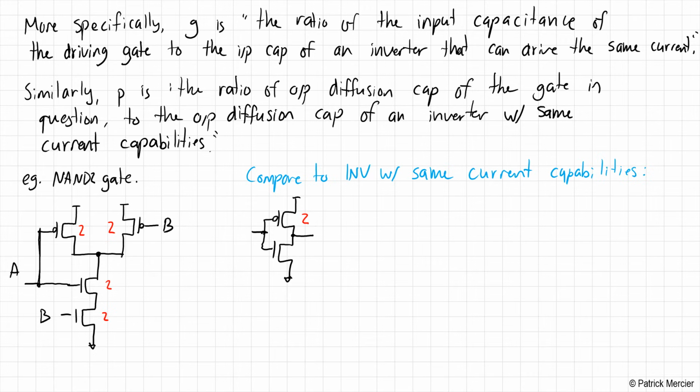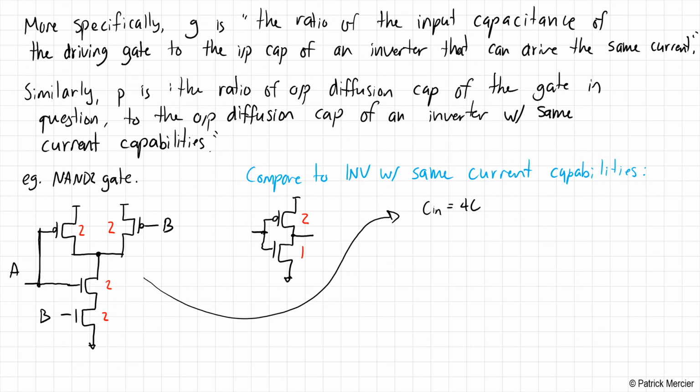Now, for the NMOS pull-down network, in the worst case both of those devices are on when the circuit is pulling down. Both of them have a resistance of R over 2, and when we add them together, we have a total resistance of R. To get that for an NMOS transistor, we just need to size it to be of size 1.